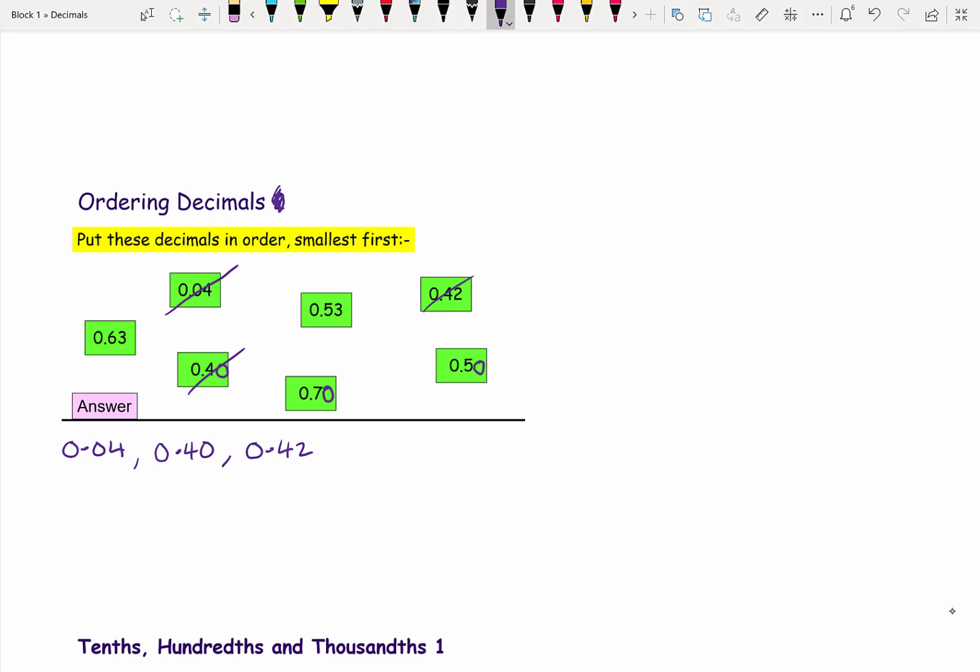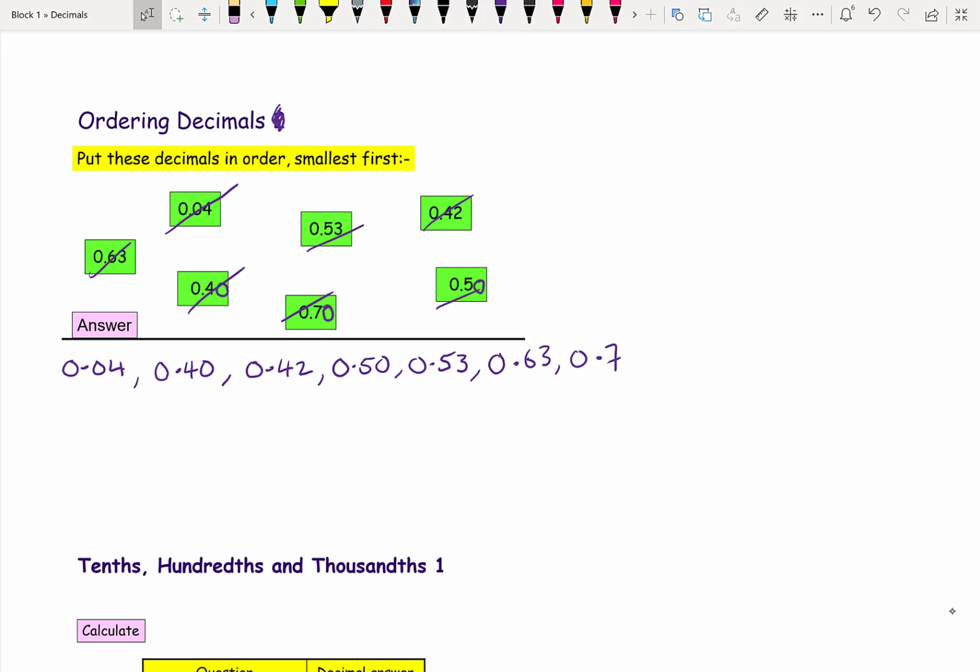Next thing we're going to do then is keep working our way up. So we've gone from 0.4s, 0.5, I've got 0.50, 0.53, so I've got 50 first, 53 next, boom, boom. Then we've got 0.63, then 0.7, and there are all of my decimals.